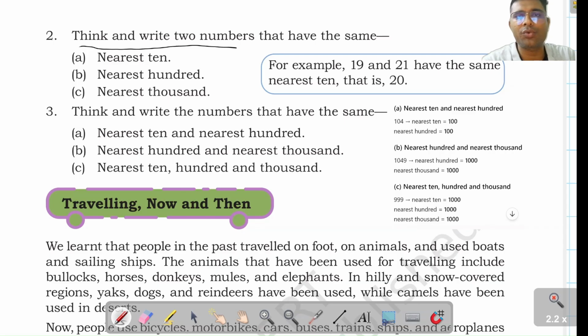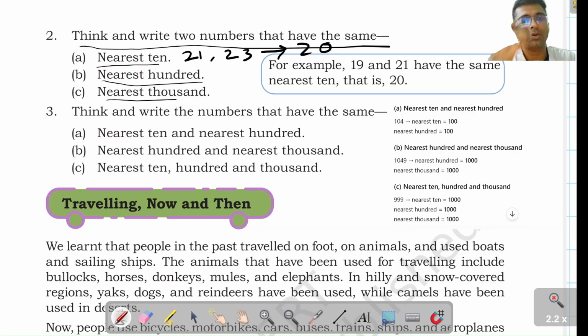Think and write two numbers that have the same nearest 10, nearest 100 and nearest 1000. So बच्चों, we have to find two numbers having the same nearest 10. So it's quite easy, बच्चों. You can choose any two numbers like 21 and 23. Their nearest 10 is 20. Okay.